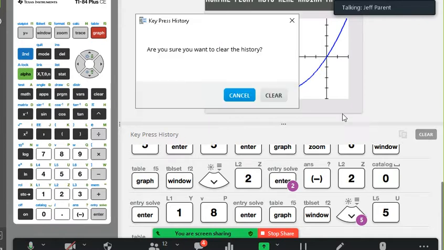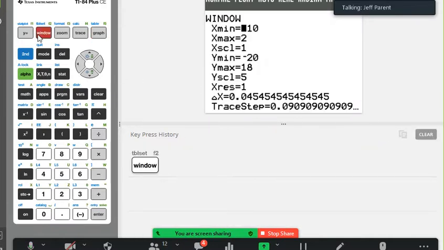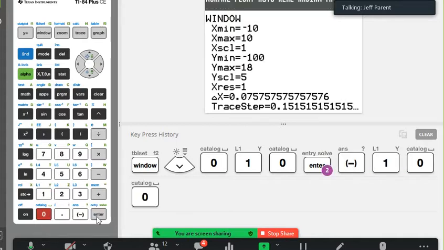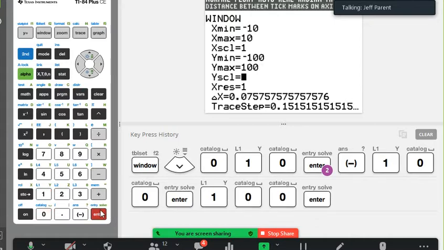So clear this up. For the last one, I want -10 to 10. You know what? I wrote -100 to 100. I meant -10 to 10. And then -100 to 100. Now I probably don't want to leave x or y scale at 5.